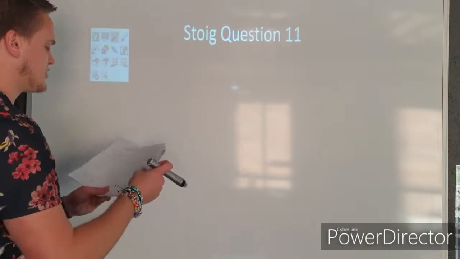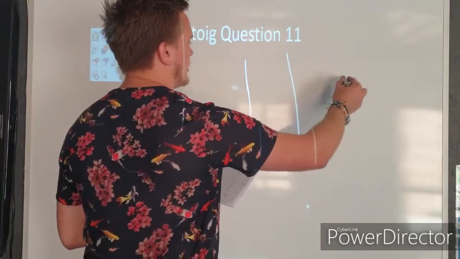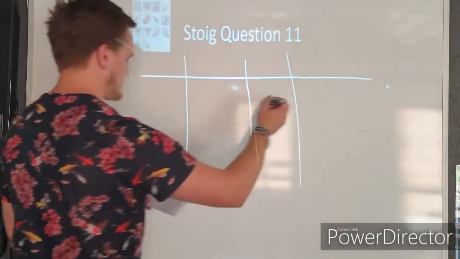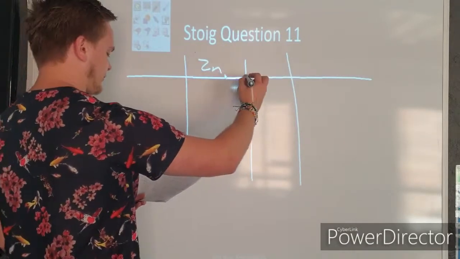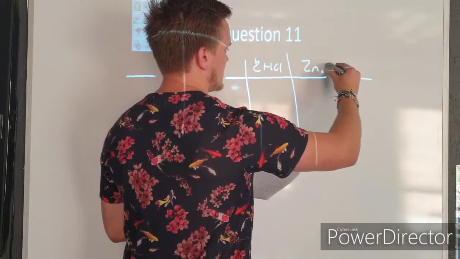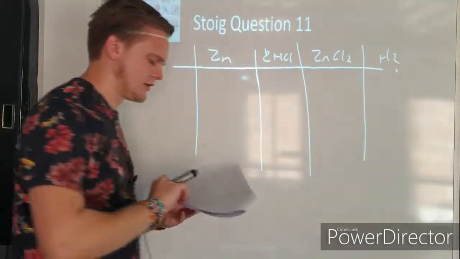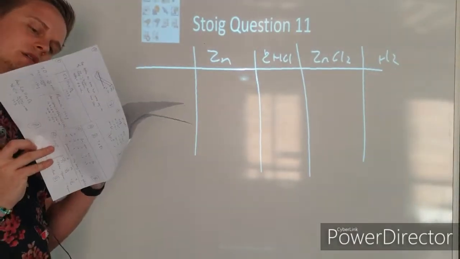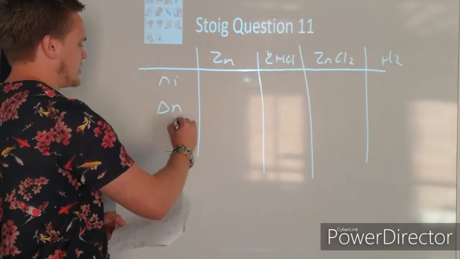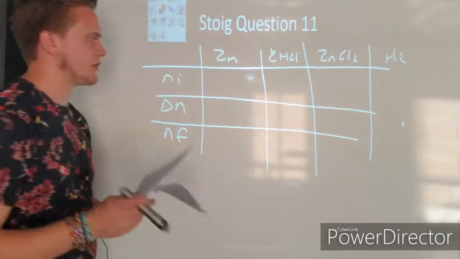Okay, so then we just draw a small table for all 3 or 4 of our different things. We have Zn, 2 times HCl, ZnCl2, and then H2. Okay, is it ZnCl2? Just want to check. Yeah. Then we have our initial, our change, and our final, and they basically want to know what is the final moles of our 2 reagents.